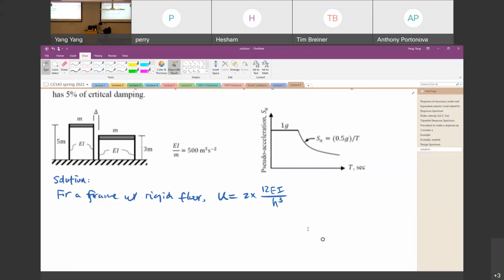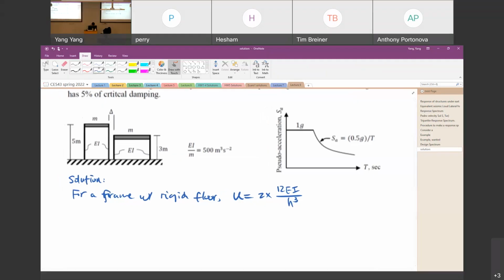It should be 24 EI over H cubed. So now we should be able to calculate the natural frequency. That's equal to 24 times EI over H cubed. So for these two, we should be able to calculate that.